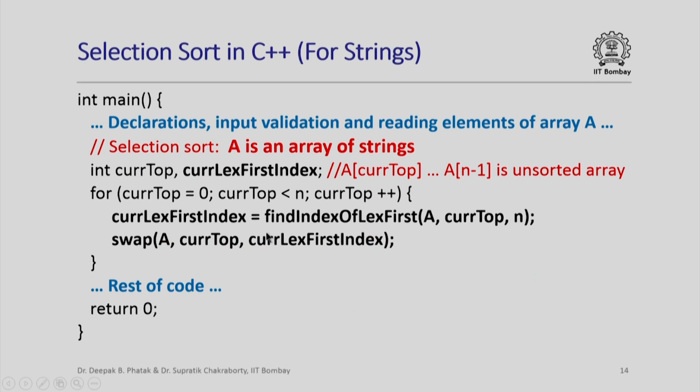So, if I use that function, here is how selection sort in C++ for strings might look like. We have almost the same program that we saw earlier, except that now we are going to sort an array of strings.